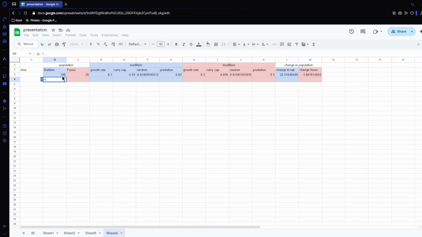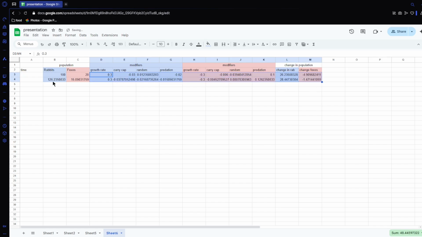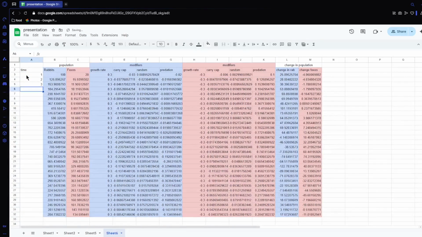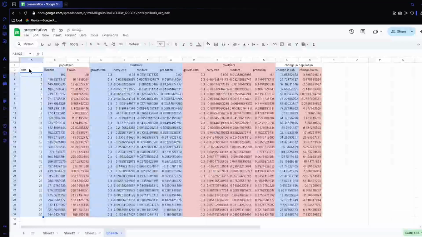So equal sign 100 plus the change, equal sign 20 plus the change. Now let's grab everything else, drag it down, and now we can drag everything down for 30 time steps again. Let's give ourselves some actual time steps, and then we can take a look at a graph.